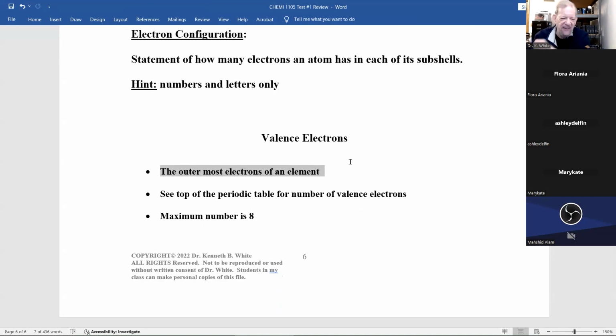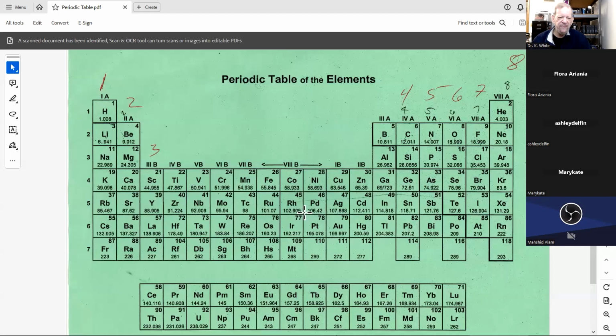The fun stuff of chemistry, really. But anyways, how do you determine the valence electrons of an element? Simple. You go to your friendly neighborhood periodic table. If you look on top, I've written the numbers, originally in black, but so it's clear, in red. Those are the number of valence electrons, and they're the same for all elements in a column.